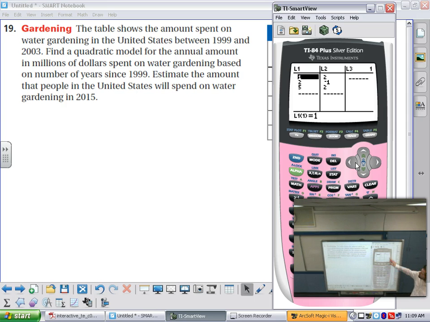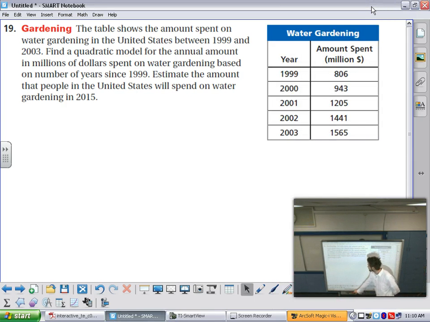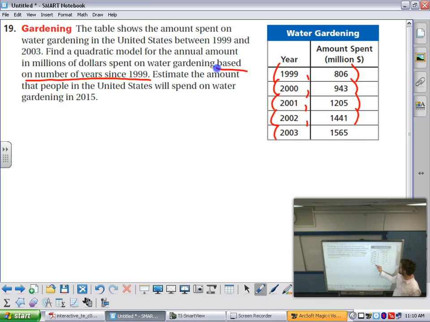Now, this sentence, guys, can make this more tricky. We have to think about how this works. If you ignore that sentence and just put these in your calculator as the ordered pair, you'd be okay.